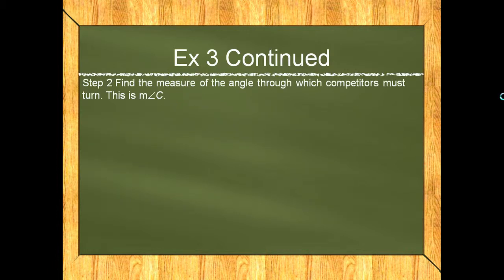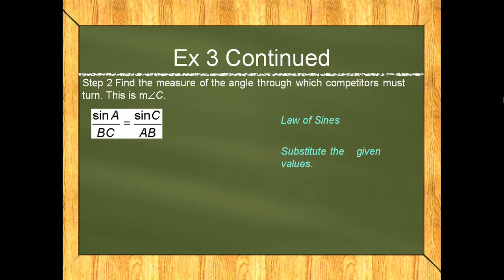Now we need to find the measure of the angle through which the competitors must turn. So measure of angle C. We use the law of sines now because we've solved the other side. So we have the sine of A over BC equals the sine of C over AB. Substitute the given values. Sine of 45 degrees over 2.7789 equals the sine of C over 3.9.